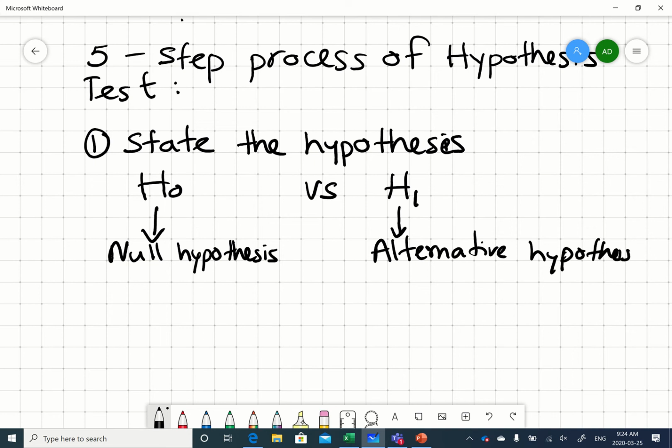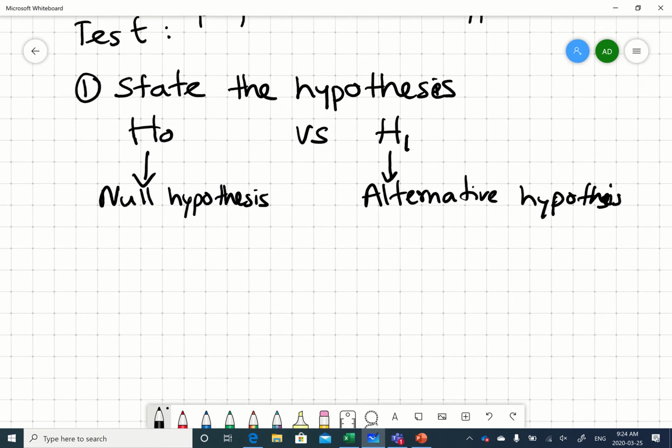So we are testing one versus the other. The way we identify that a statement is a null hypothesis is that when you build it, if you happen to have the equal sign in it, it is called a null hypothesis.